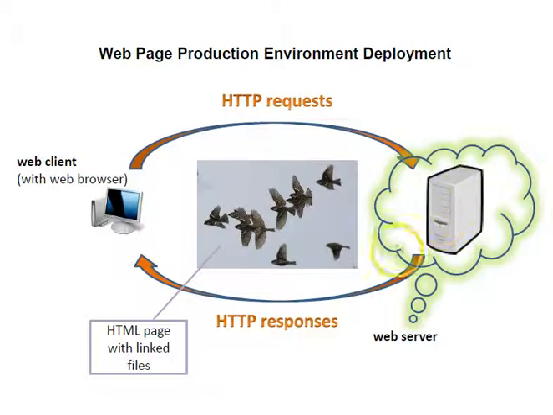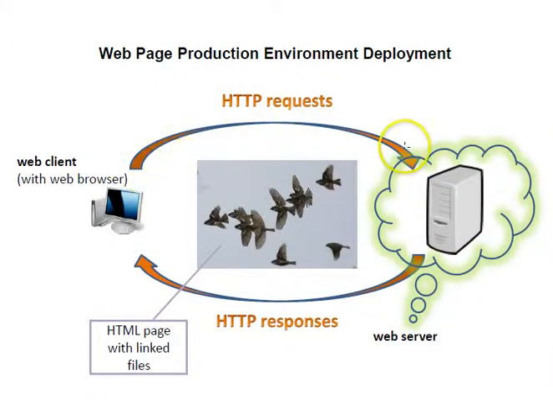Here, all the files are on the web server in an integrated fashion, and web clients in various places throughout the internet use web browsers such as Internet Explorer or Chrome or Firefox to obtain the pages from the server and display them. And the Hypertext Transfer Protocol, HTTP, is used to get the pages.